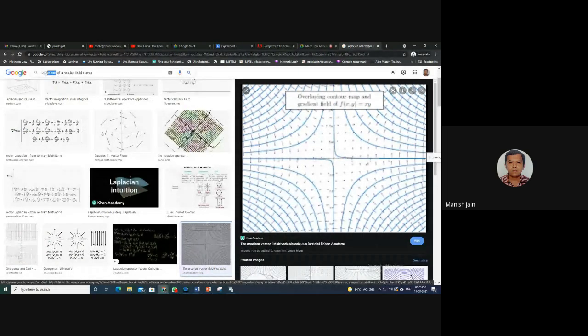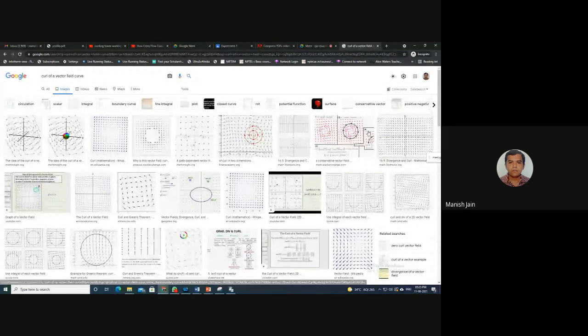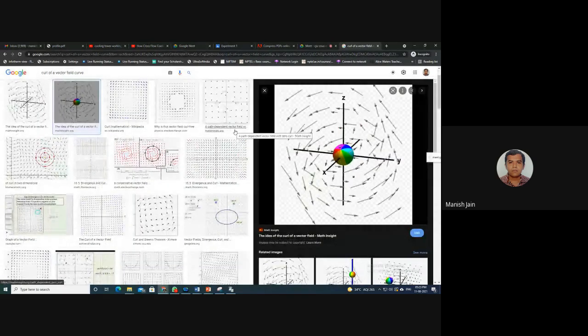If you search the curl of a vector field, this is the curl of a vector field. So these lines show the curl of a vector field. Similarly, the gradient of a vector field or the divergence of a vector field.